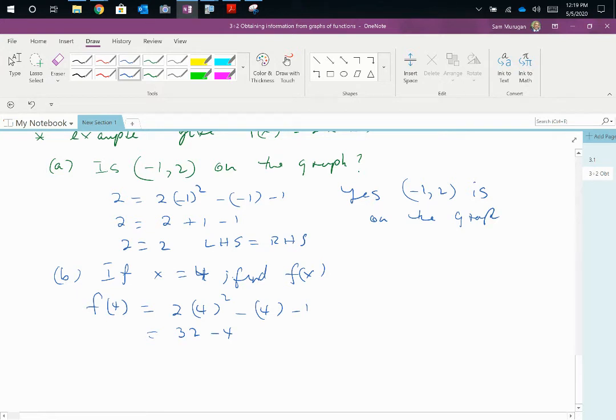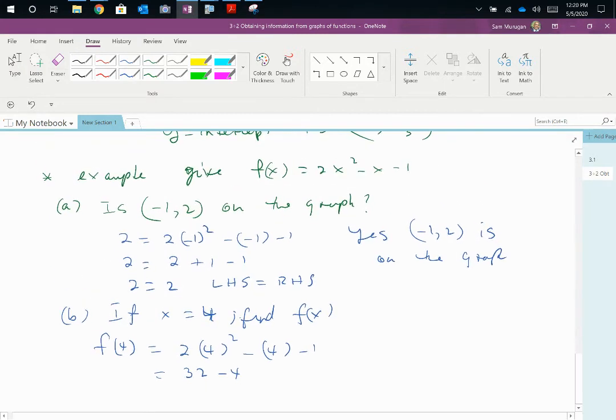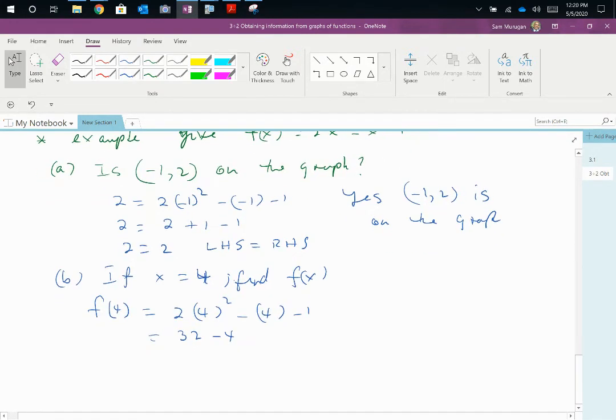Check my math here. 4 times 4 is 16 times 2. What is the point? Let me see. Something does not look right here. 2 times 4 squared minus 4 minus 1.